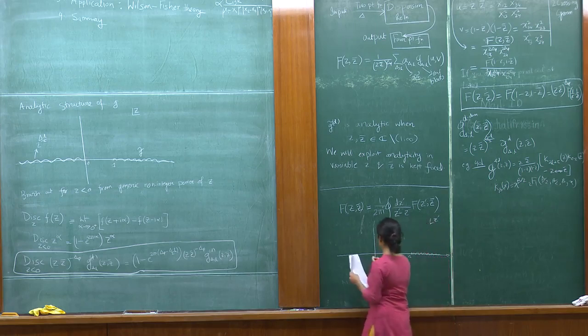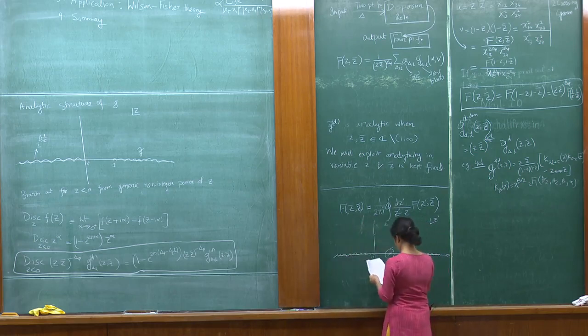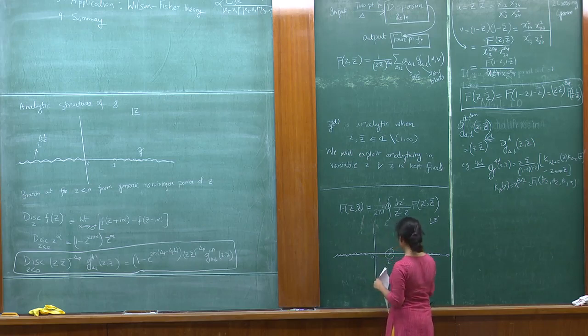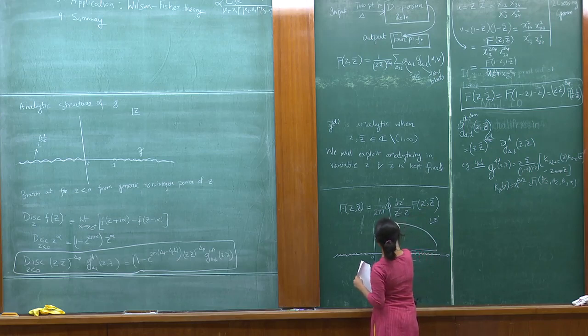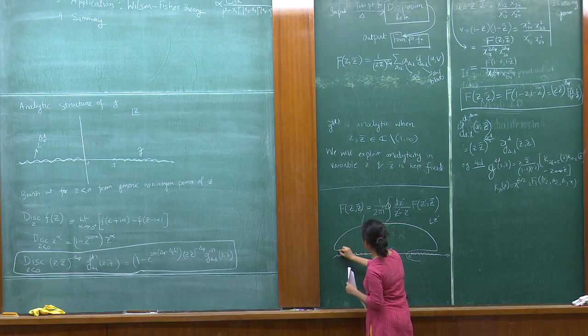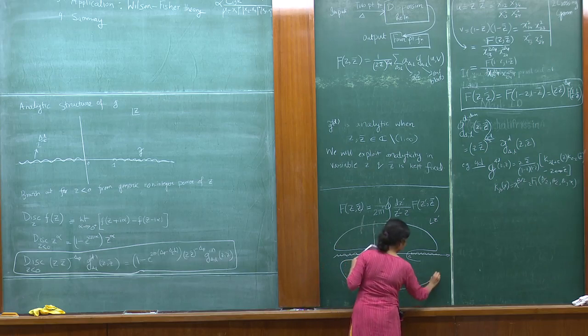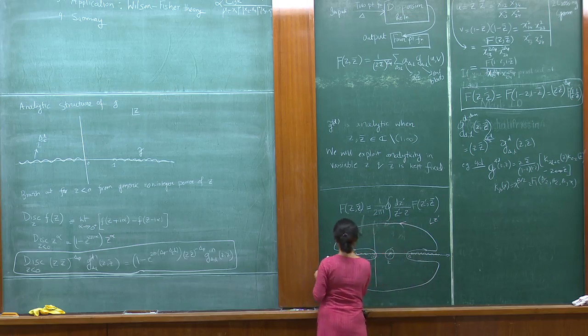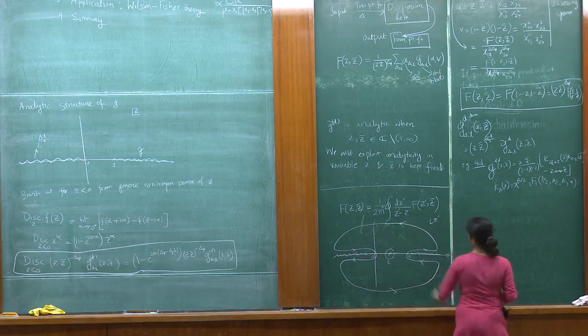So this is 1, this is 0. And since the structure is the same, one can deform the contour. So this is how we deform the contour.